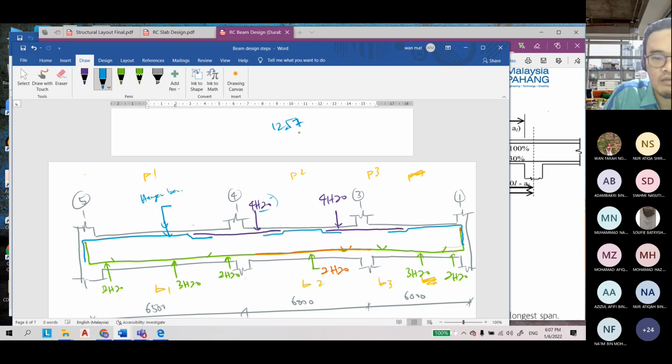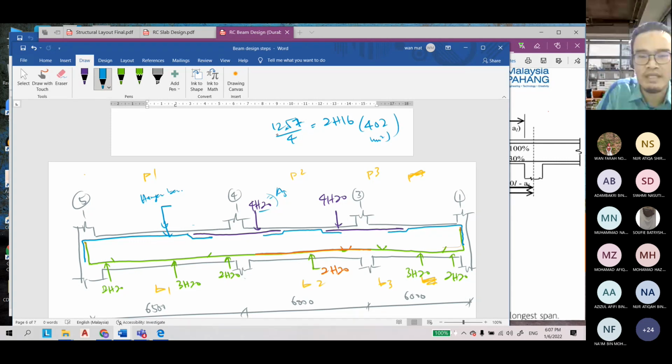So divide by 4 sama dengan berapa? AS dia. This one AS kan, AS dia sama dengan 1257 bagi dengan 4. So 314. So katalah saya guna 2H16, saya dapat 402 mm square.